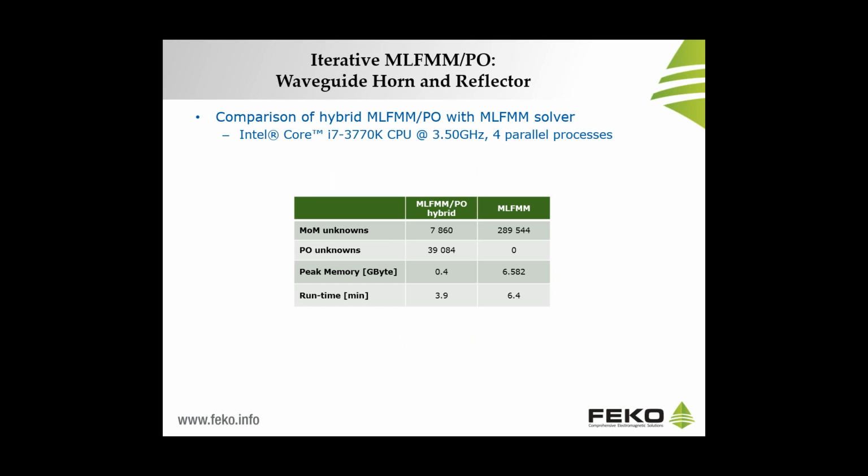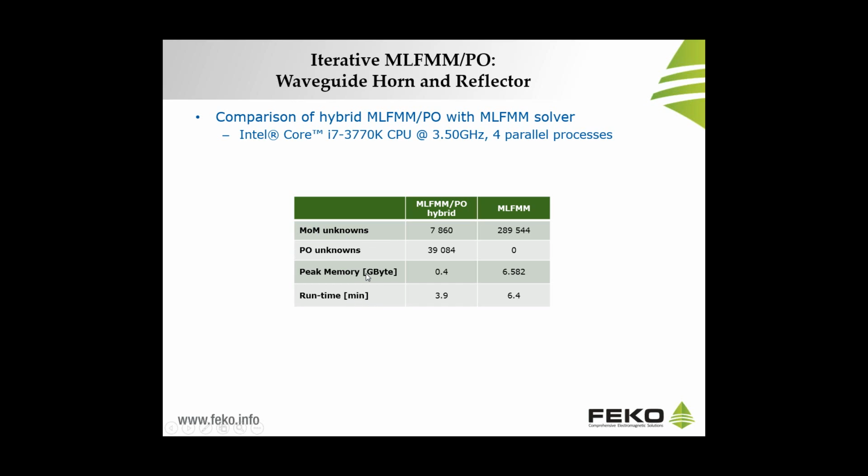In terms of computational requirements, here we have added a table with the number of unknowns for the MLFMM, the number of unknowns for the PO in the case of the iterative solver, and also the peak memory and runtimes.